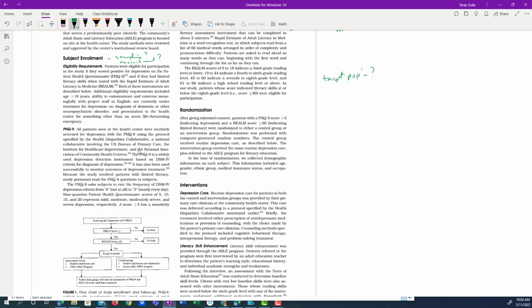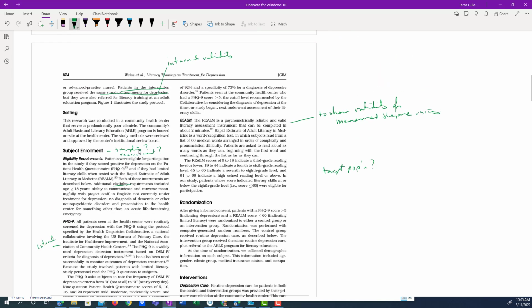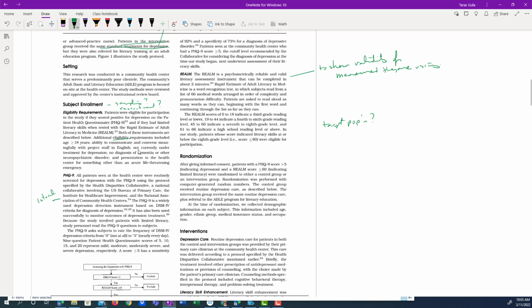The eligibility requirements, the exclusion criteria, included age, ability to converse with project staff in English, not currently under treatment for depression, no diagnosis of dementia, etc. This is all internal validity stuff. They're showing you PHQ-9 scores are valid. REALM is also, that's the literacy assessment.